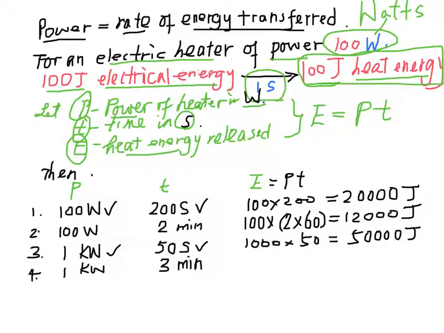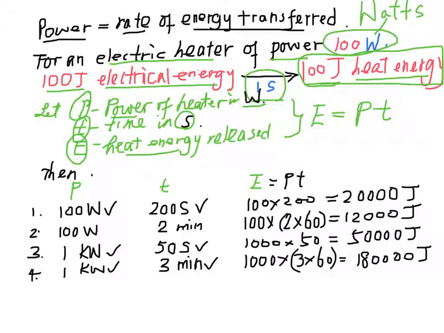which is 50,000 joules. Lastly, if the power is 1 kilowatt and the time is 3 minutes, the energy released by the heater would be 1,000 watts times 3 times 60, which is equal to 180,000 joules.